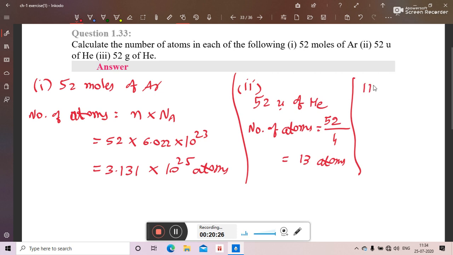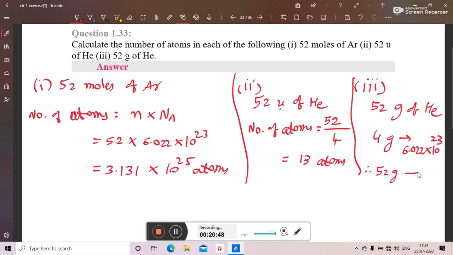And number 3 is 52 gram of helium. So what will be the number of atoms? Now we know that if 4 gram of helium is there, then there will be 6.022 into 10 raised to 23 atoms. So therefore 52 gram helium will have how many atoms? That is equal to 52 into 6.022 into 10 raised to 23 divided by 4.